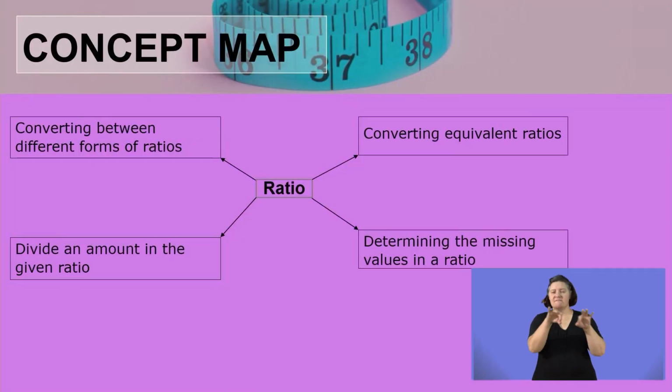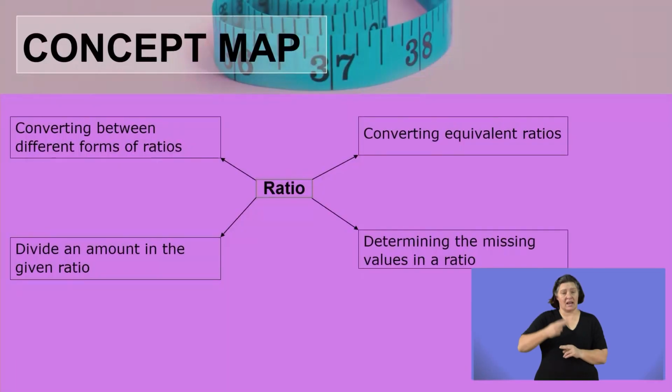And number 3, determining the missing values in a ratio. To determine the missing values in a ratio, remember, we must first determine the sum of the values in the ratio. And then from there, identify that proportion which is required and multiply it by the total which has been given. And finally, divide the amount in the given ratio.